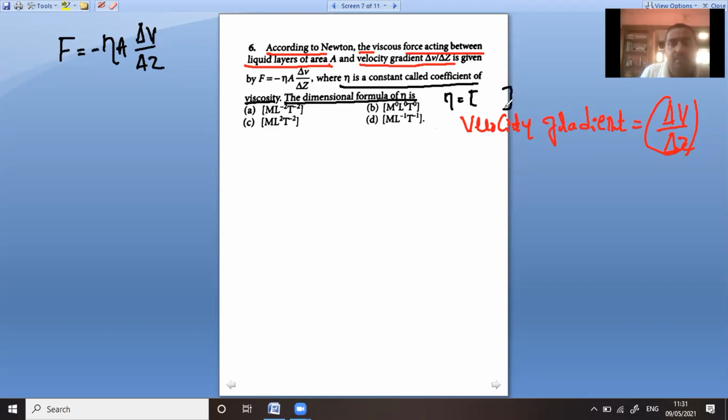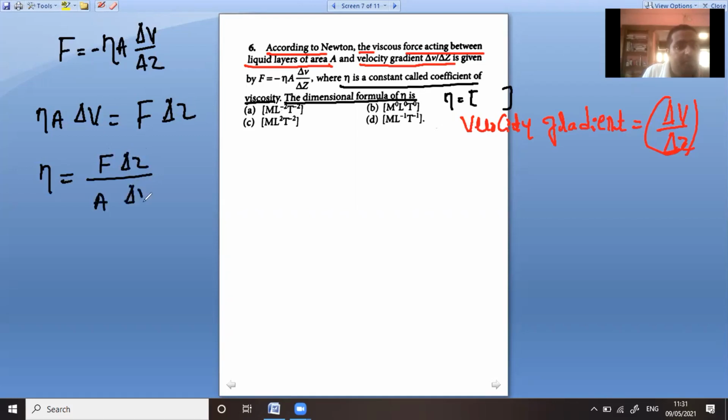So eta A delta V is equal to F into delta Z. The question is eta, so eta is equal to F into delta Z divided by A into delta V. So eta is equal to F divided by A into delta V divided by delta Z.